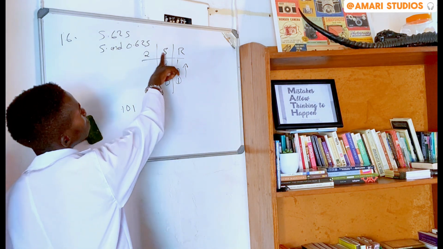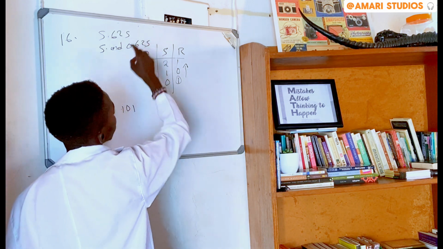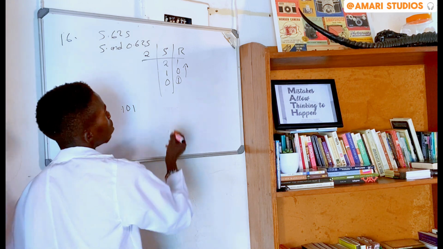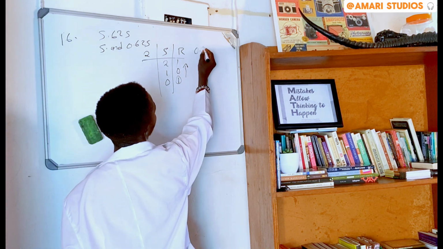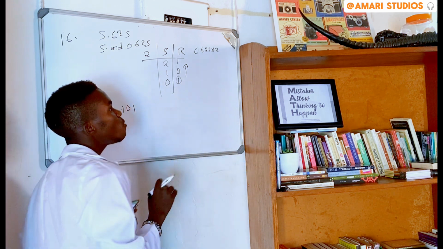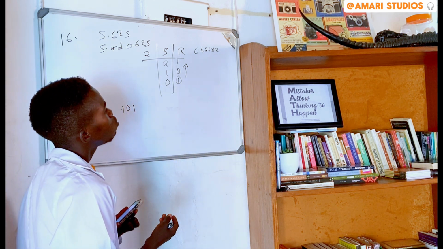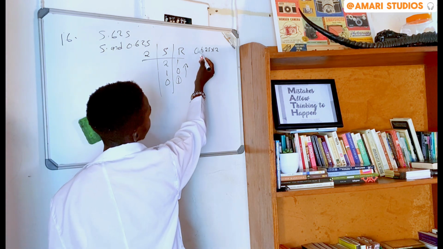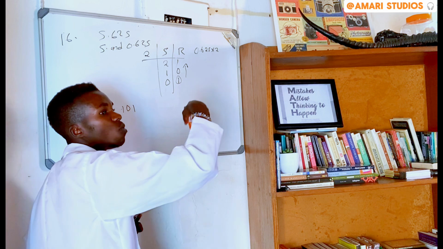So instead of dividing, we are going to be multiplying 0.625 by 2. Every time you multiply by 2, you're going to get the integer, or should I say the first number before the point.